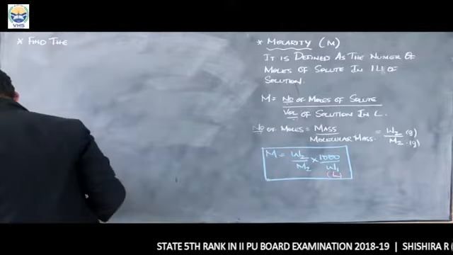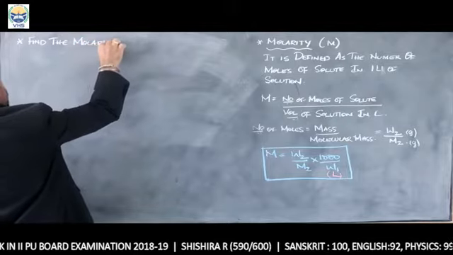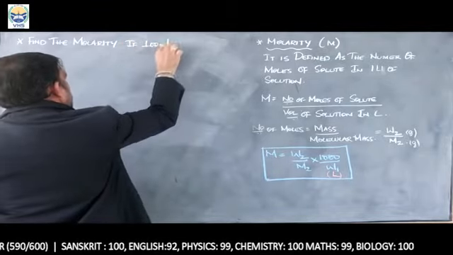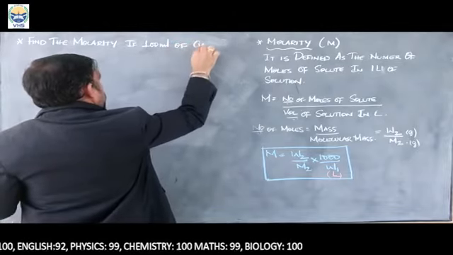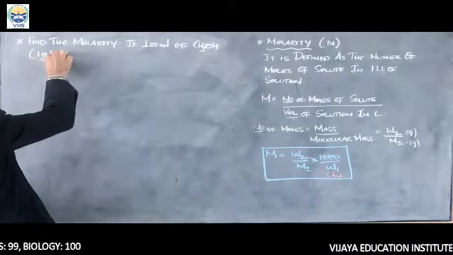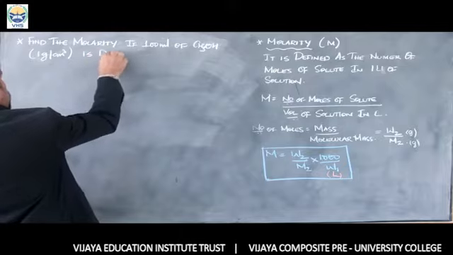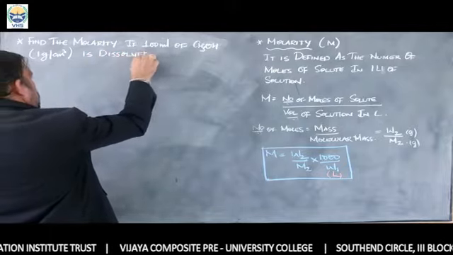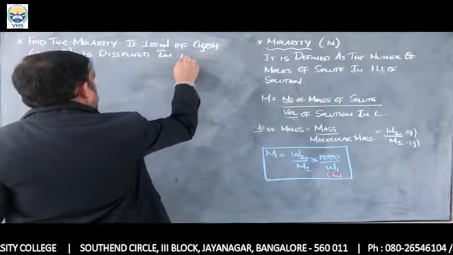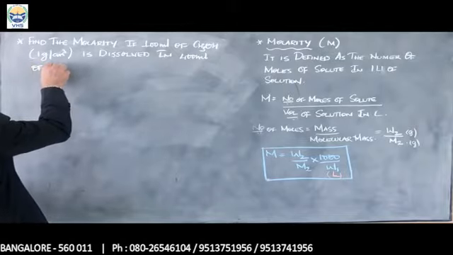Find the molarity if 100 ml of methanol, CH3OH, with density being 1 gram per centimeter cube, is dissolved in 400 ml of water.